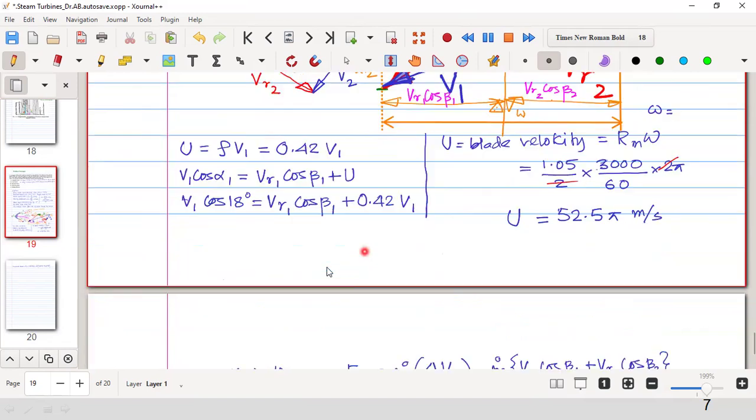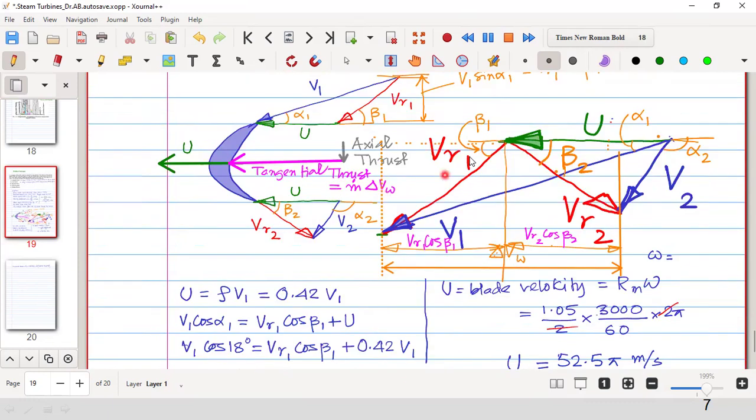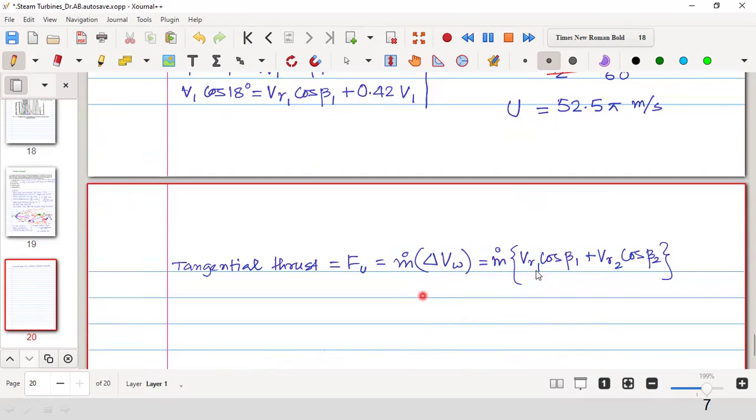I have written here in terms of the component of relative velocity, but VW1 or VW2, they are actually components of V1 along the tangential direction, but their sums are the same. So either you can write VR1 cos beta 1 plus VR2 cos beta 2, or you can write, basically in that case, VW1 minus VW2 instead of plus.